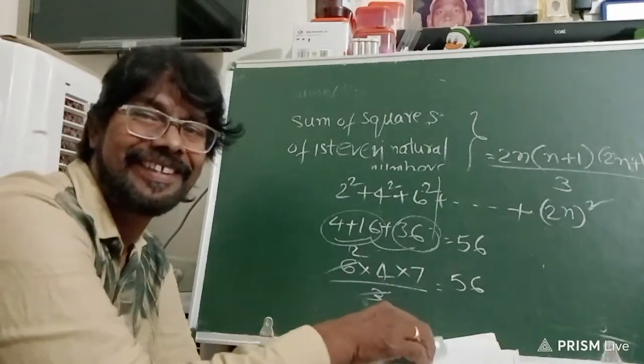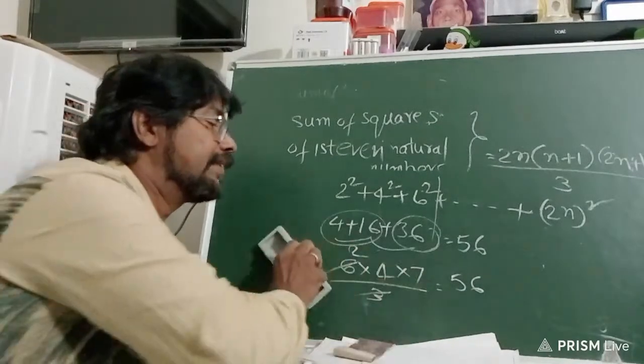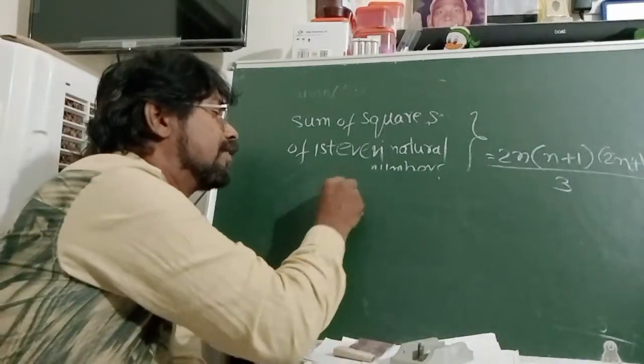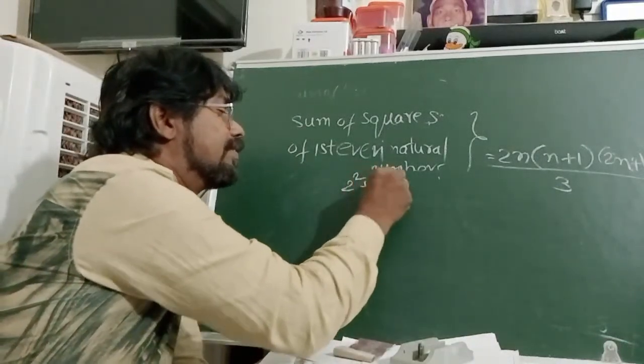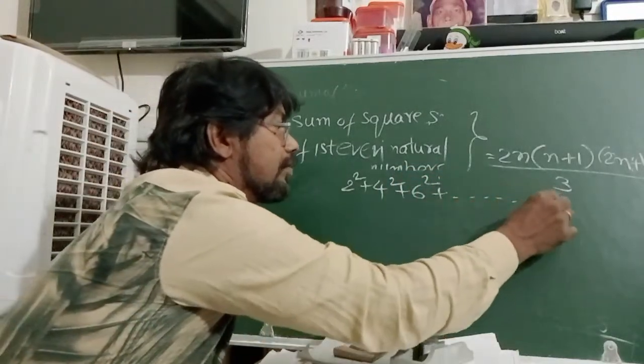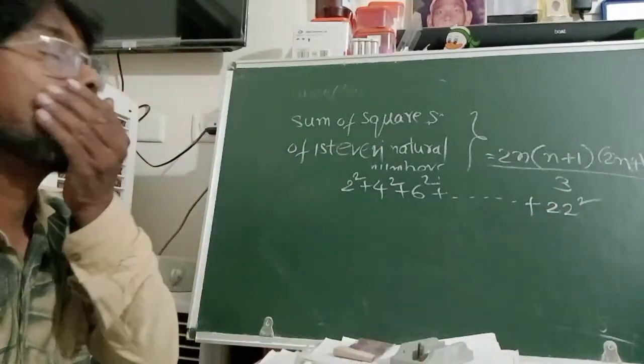Next one. Suppose 2 square, 4 square, 6 square, up to 22 square.